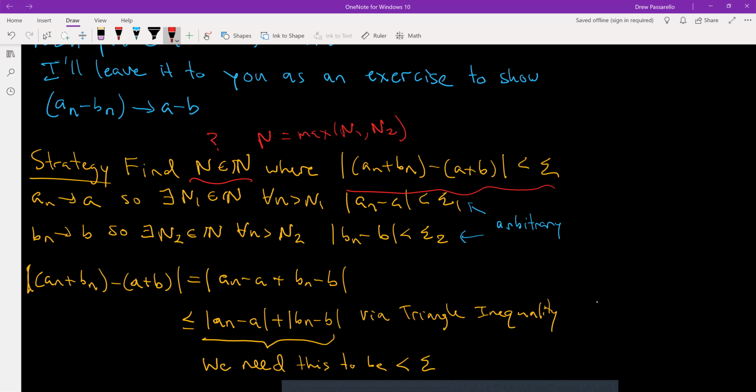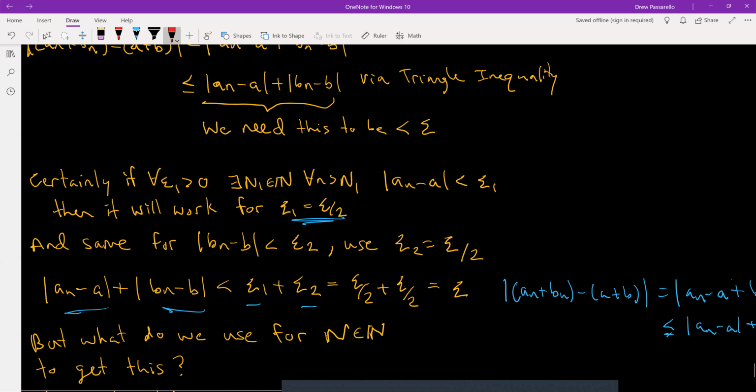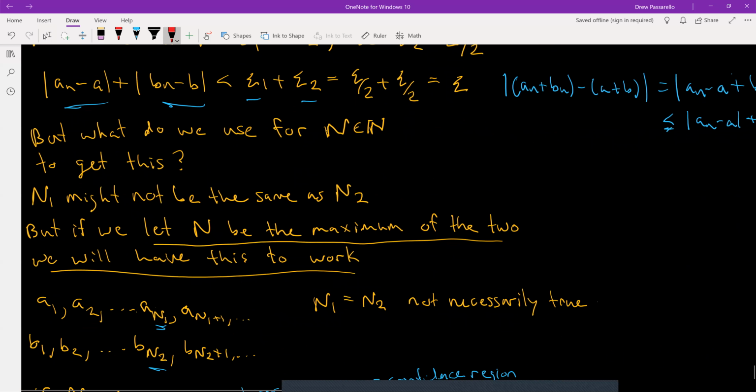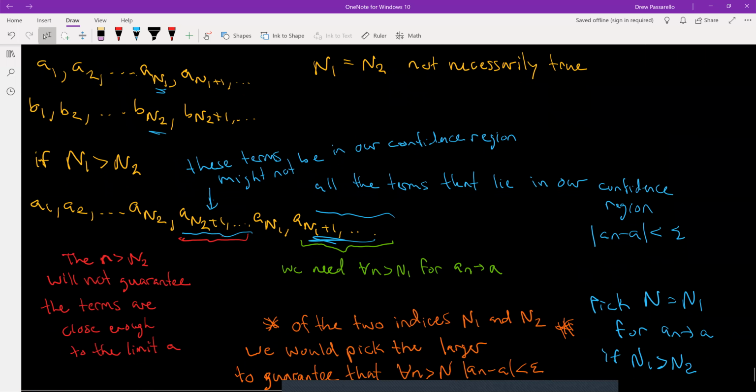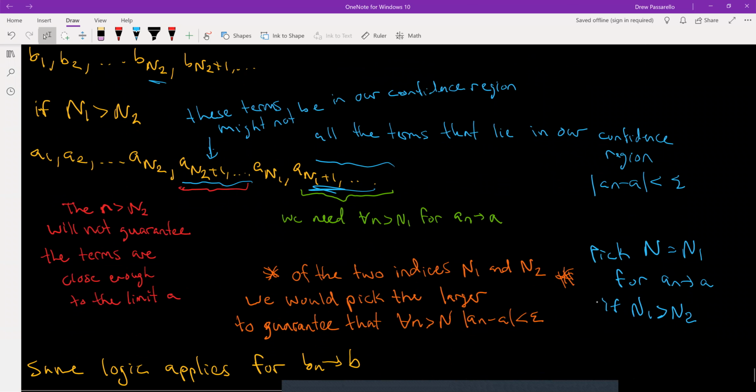So in order to be careful here, so that both of them converge, we have to pick the larger index value. Because if we don't pick the larger index value, it's not guaranteed that some of the terms with indices before that are going to lie in our confidence region.